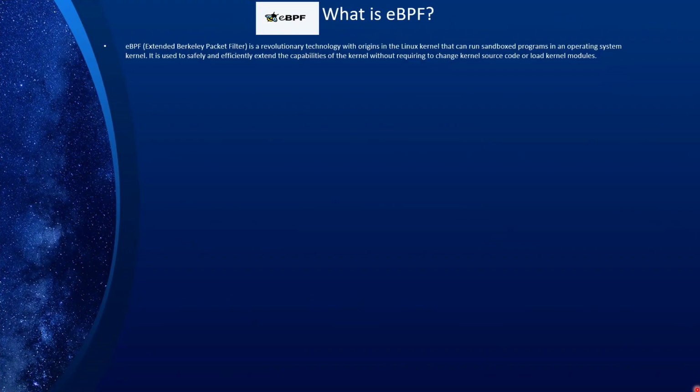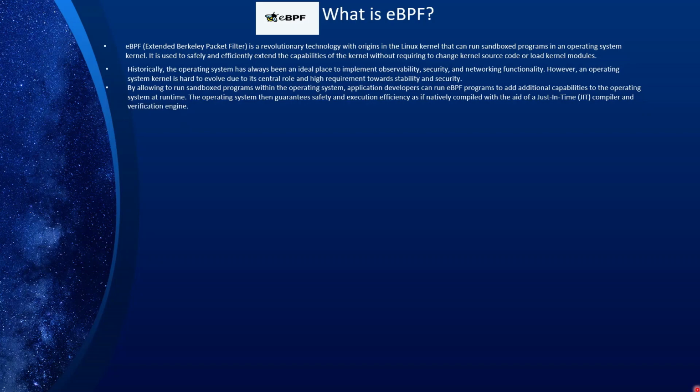So as mentioned earlier, eBPF is a technology that allows us to create custom sandbox programs that can run inside the operating system without actually making any changes to the operating system itself. So typically and historically, things such as networking and security, those kinds of important programs, are run inside the kernel. And this is great because these are very safe and secure.